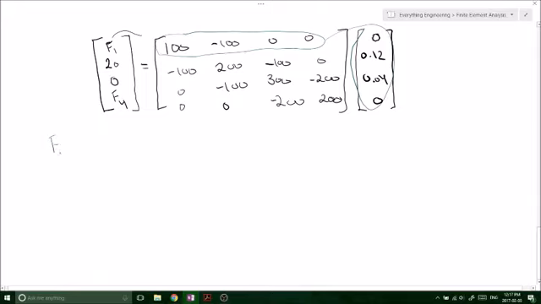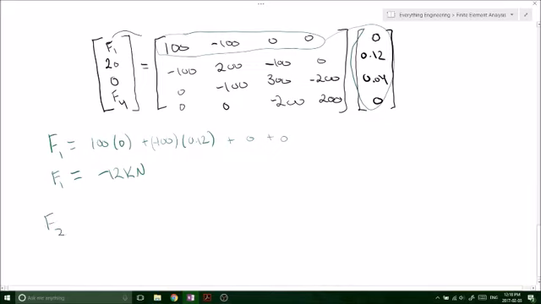See, it's simple. So F1 is negative 12 kilonewtons.